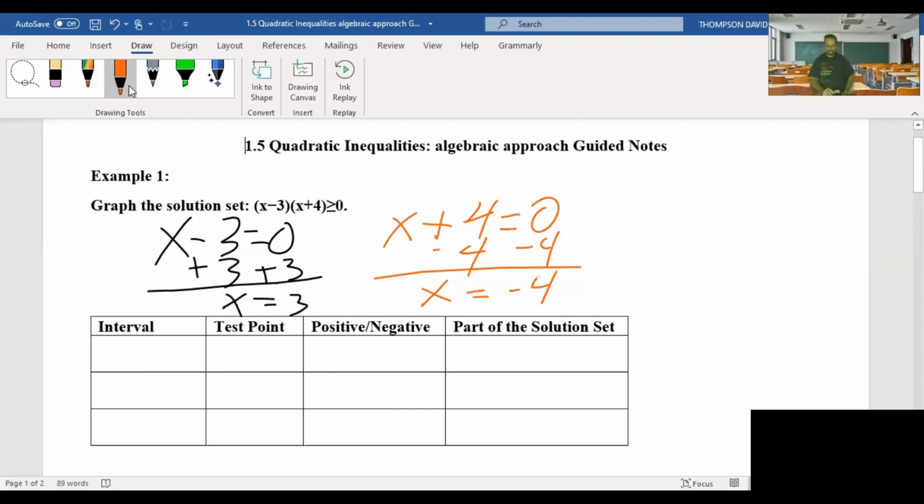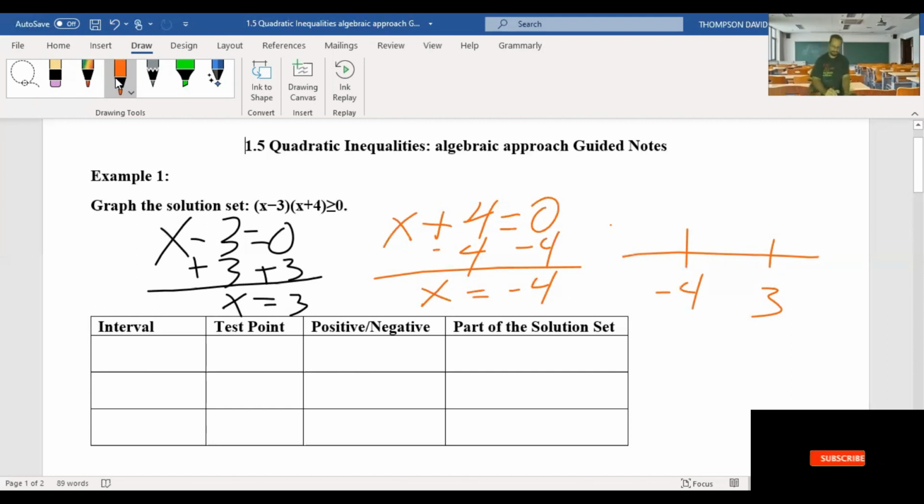So now we know our test points. Thinking about this on a number line, let's make a number line so it can make sense. We have negative 4 first, and then 3. Our intervals are going to be negative infinity on this side, the middle between negative 4 and 3, and 3 to infinity.